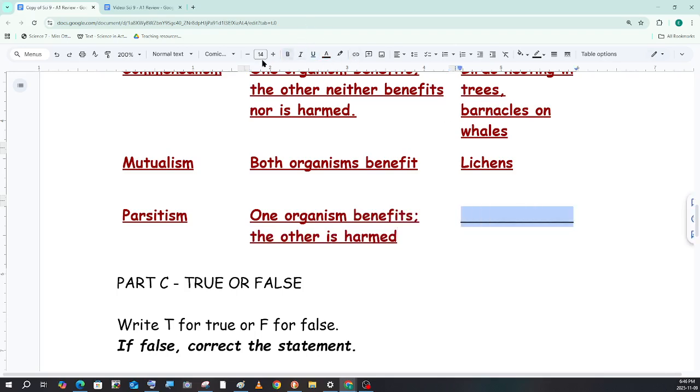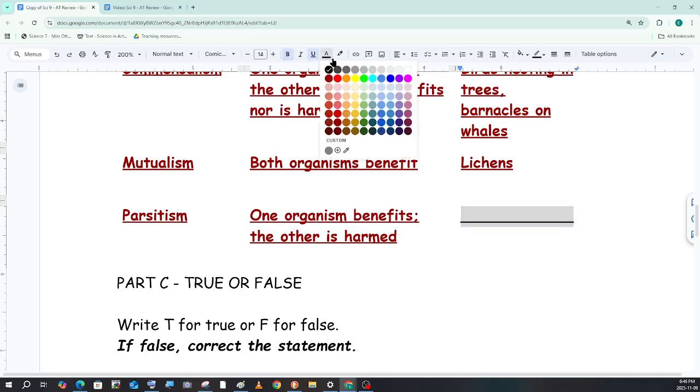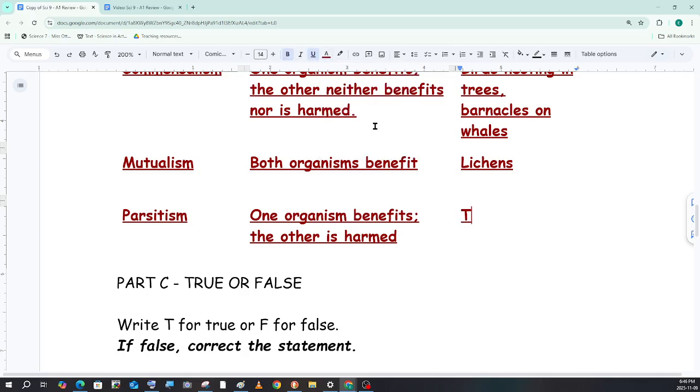Examples of this would be things like tapeworms and dogs, although that's not the only animal that they victimize.